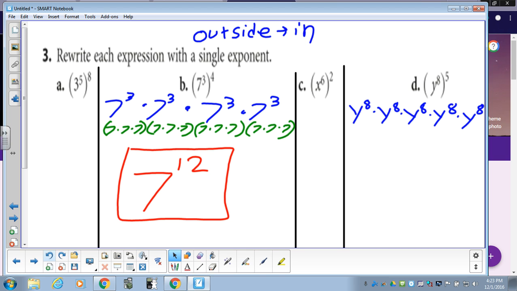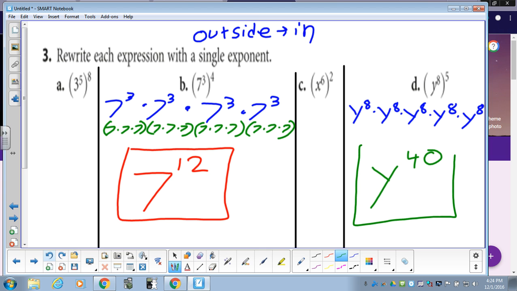We have 8 plus 8 plus 8 plus 8 plus 8 because we know the multiplicative property of the exponent. And so we know this is going to be y to the 40th power. And I put a box on it because that's what I like to do. Y to the 40th power. Now I'm going to pause there. That's a little bit of number 3 for you.